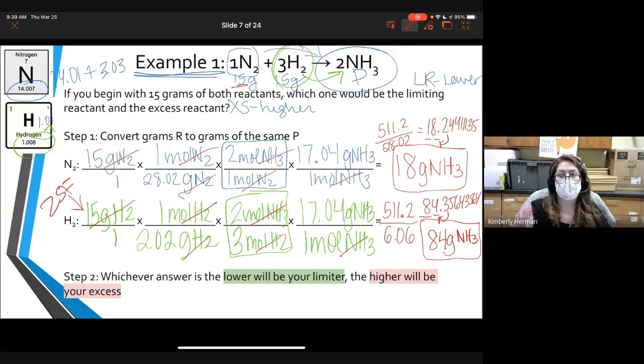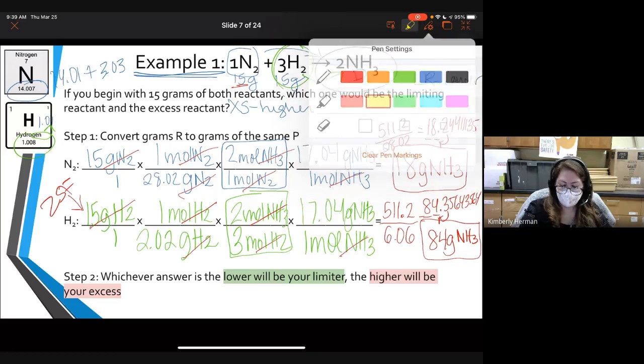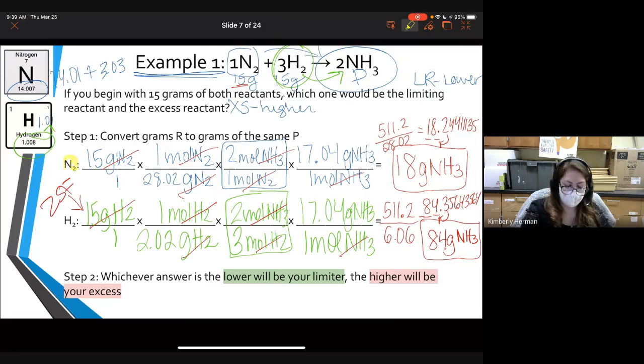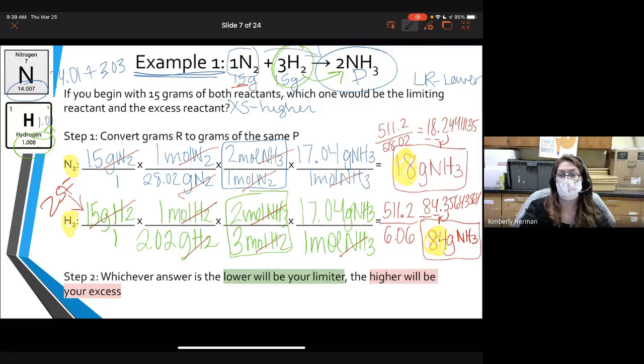Okay, so now this is the time that we're going to decide what is our limiter and what's our excess. So we have N2 can make 18 grams of our product, whereas H2 can make 84. So remember that the lower is going to be your limiter. So which one's lower, 18 or 84?